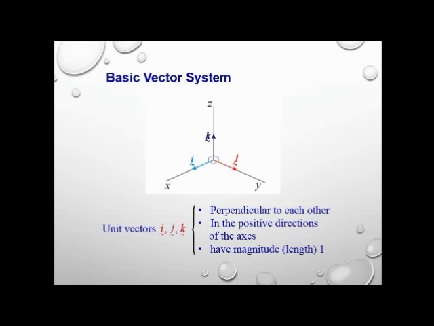The unit vectors i cap, j cap and k cap give the directions along the axes. These unit vectors have some properties: they are perpendicular to each other in the positive directions of the axes, and they have magnitude 1. So this is some idea about the basic vector system which we will include in our further studies of vector calculus.